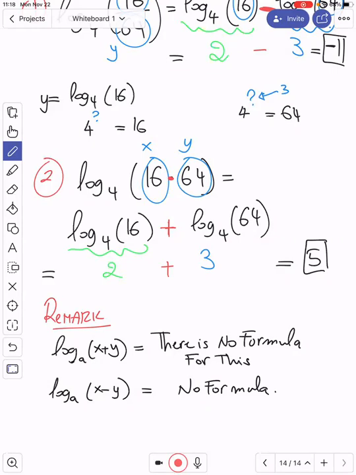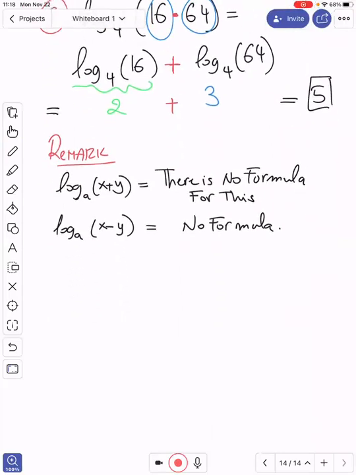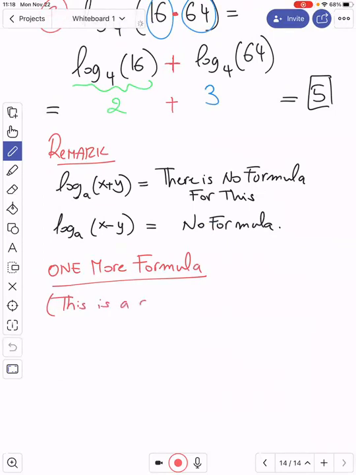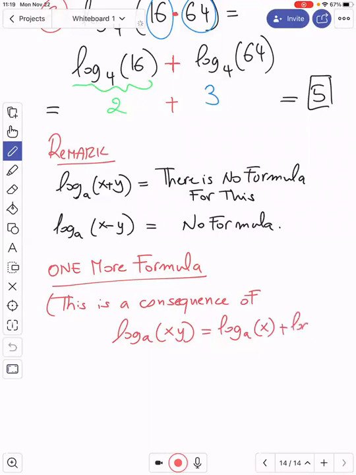Actually, it's a consequence of formula number 1, of log of x times y equal to log of x, as we said, plus log of y.